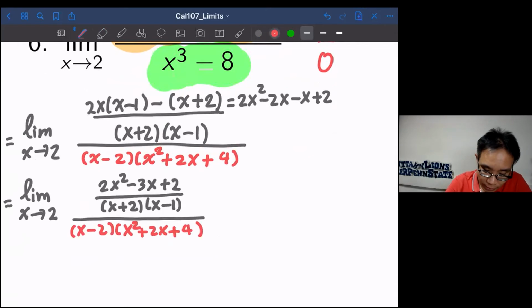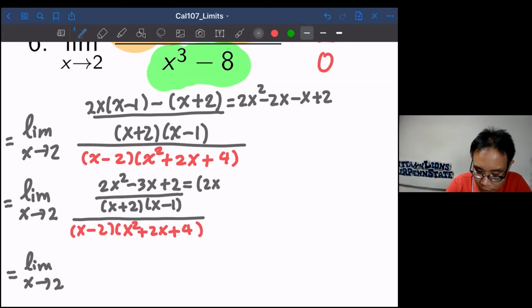And you see that we'll be able to combine them. It's the limit as x goes to 2, and you'll be able to factor this guy. It's going to be x minus 2 and 2x plus 1.